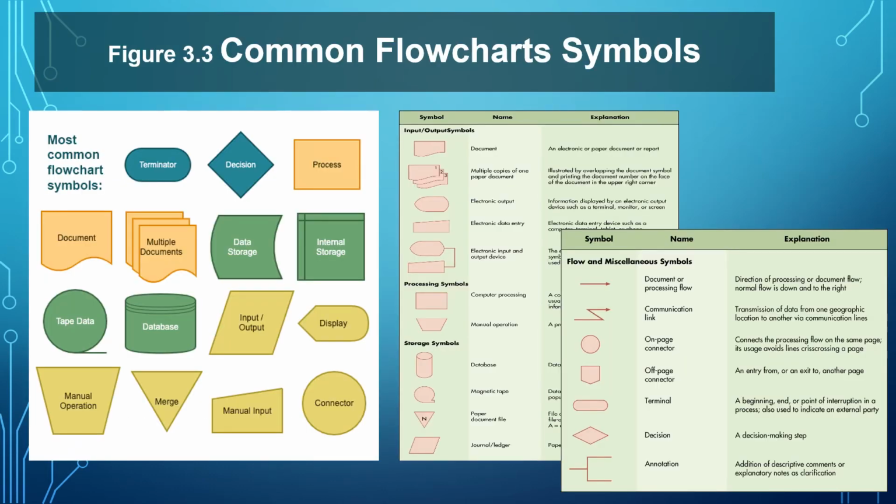These are the most common flowchart symbols used. If you need to find these tables, you can go to the textbook, pages 90 and 91. It explains either the manual or the computerized system.